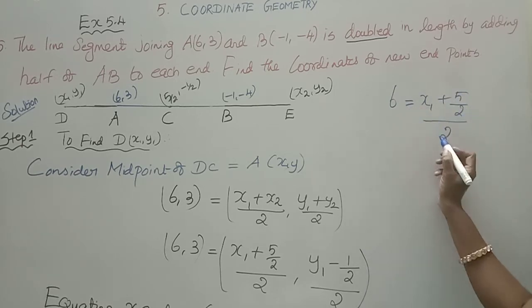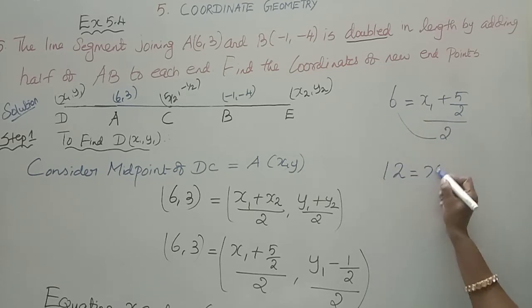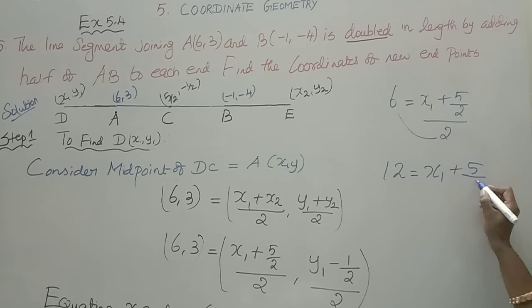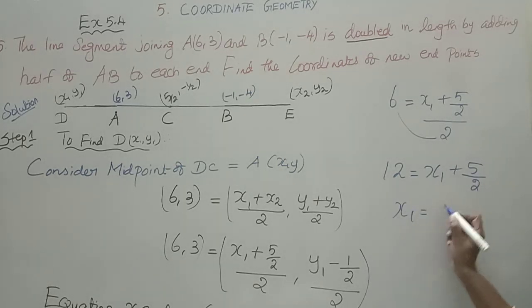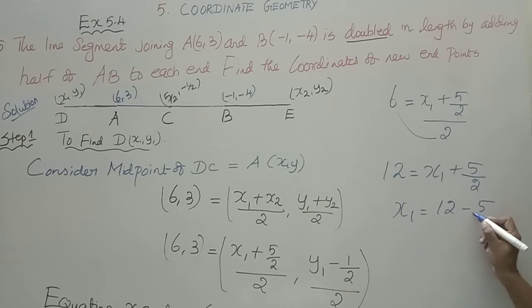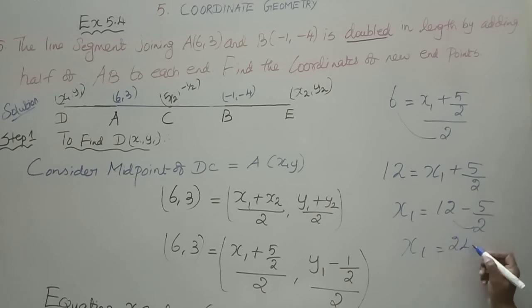Now to find x1, make cross multiplication. 6 2s are 12 equal to x1 plus 5 by 2. Now we want x1 only, so x1 equal to 12 minus 5 by 2. Make cross multiplication: x1 is equal to 24 minus 5 by 2. So x1 is equal to 19 by 2.